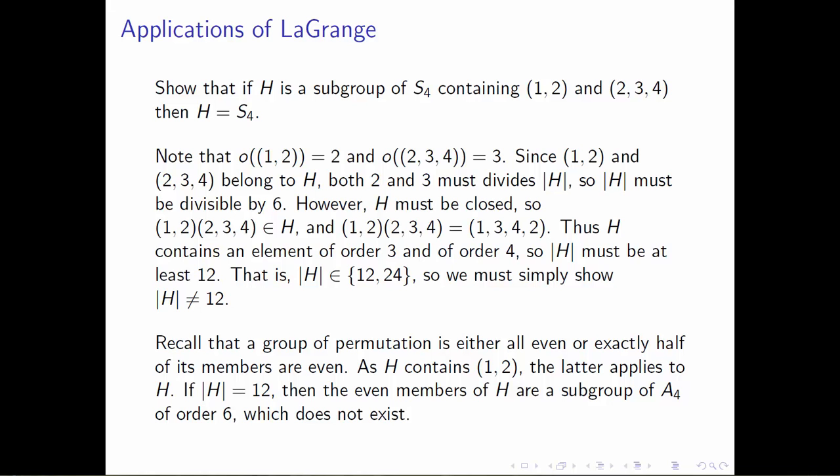So it would be a subgroup of A4, which is the set of all even permutations inside of S4. So in this case, this subgroup of even permutations inside of H is a subgroup of A4 that has order 6. And luckily for us, we just proved on the last slide that no such subgroup exists. And so it cannot be the case that the order of H is equal to 12.